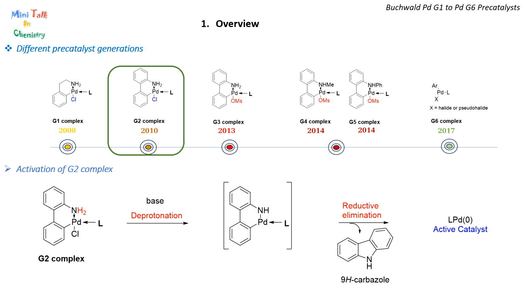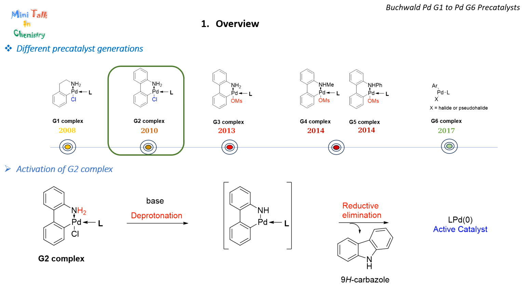In 2010, Buchwald's group introduced a new class of second-generation XPhos precatalysts, where the phenethylamine, an aliphatic amine, is replaced by a 2-aminobiphenyl. The 2-aminobiphenyl, an aromatic amine bound to the palladium center, shows a higher acidity compared to the aliphatic amine, or in other words, it has a lower pKa.